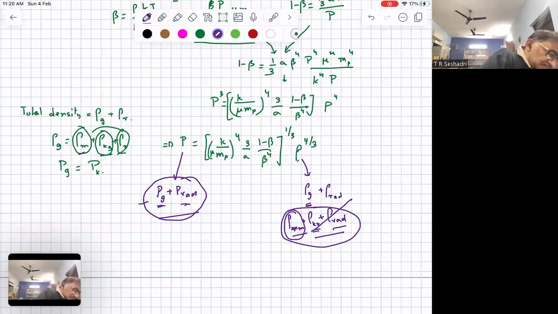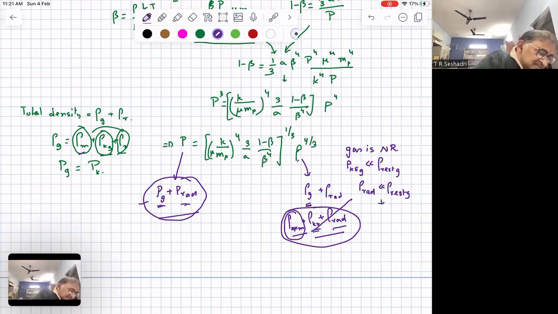Okay, so what I'm saying is gas is non-relativistic. And so rho kinetic energy of gas is much less than the rest mass energy of gas. Also, the radiation density, although may be of the same order as kinetic energy, is still much less than the rest mass energy of the gas.